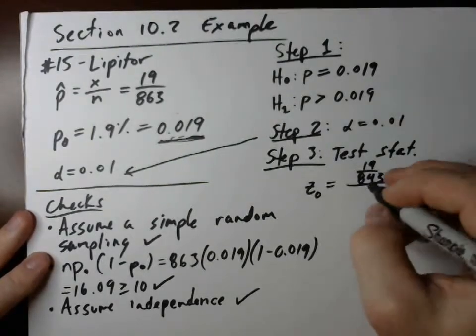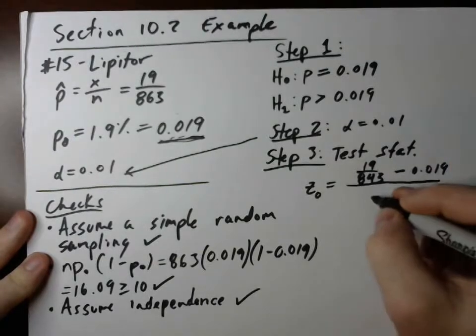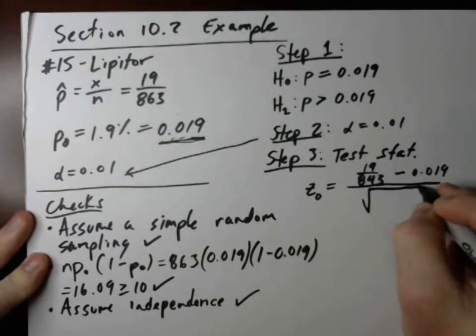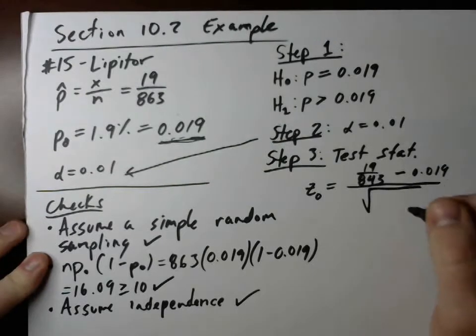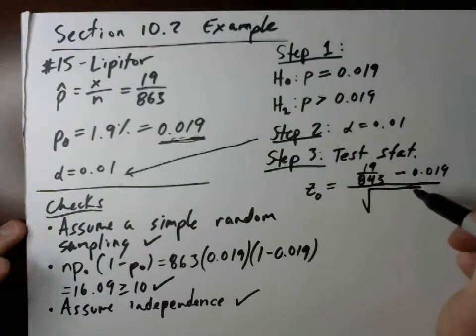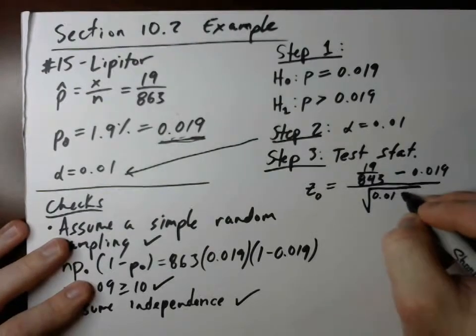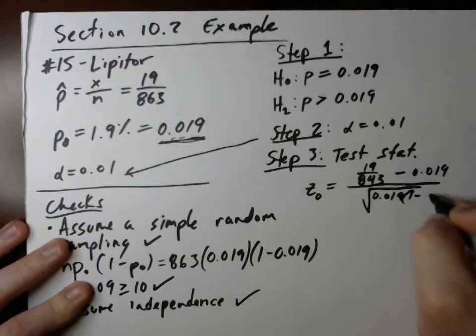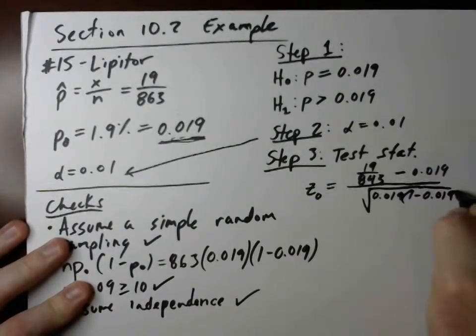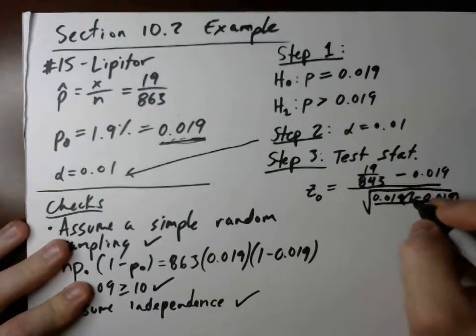So that would be the square root of p naught. We're using p naught because we're assuming this is true, the 0.019. So we're using p naught in the denominator for the standard error. That would be 0.019 times 1 minus 0.019, and then we divide that by n.